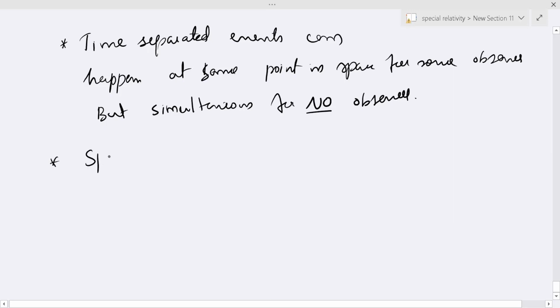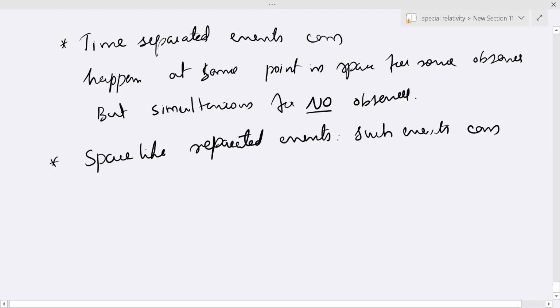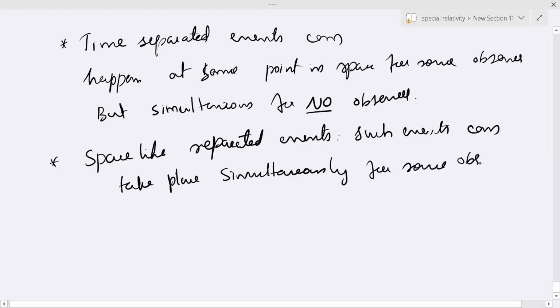Similarly, if you look at space-like separated events, such events can take place simultaneously for some observer, but never at the same spatial point.